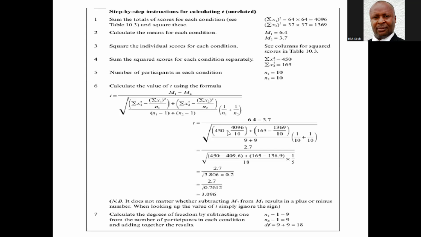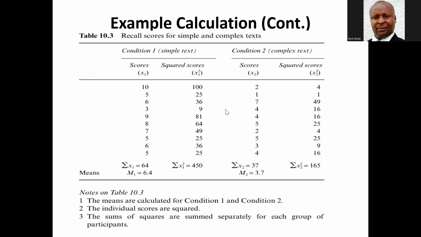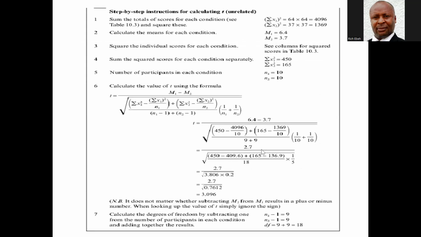Then minus summation x1 all squared. We saw here that summation x1 is 64. When you square it, you get 64 times 64, that is 4096. Then divided by 10, n1, then plus summation x2 square.